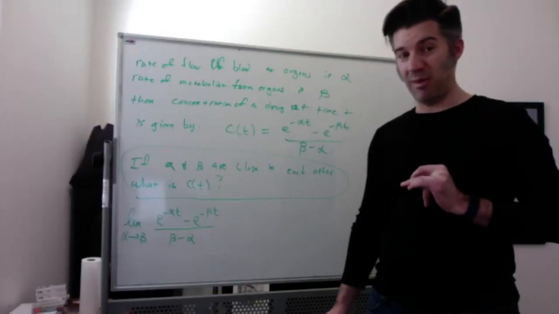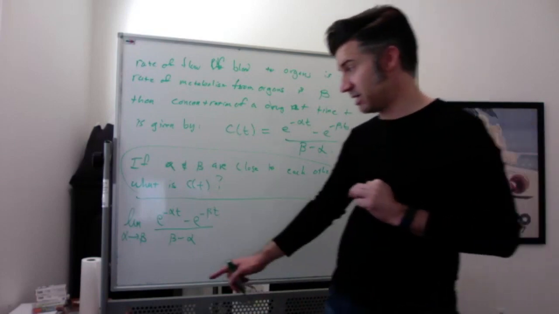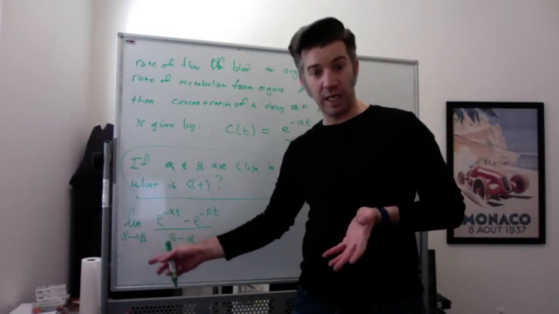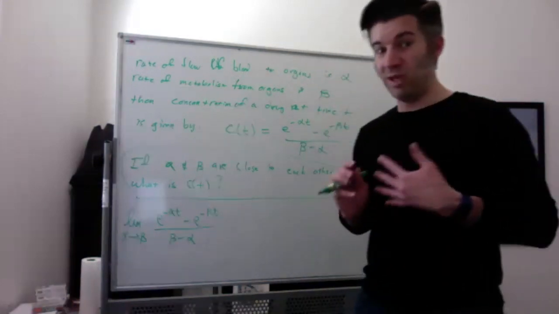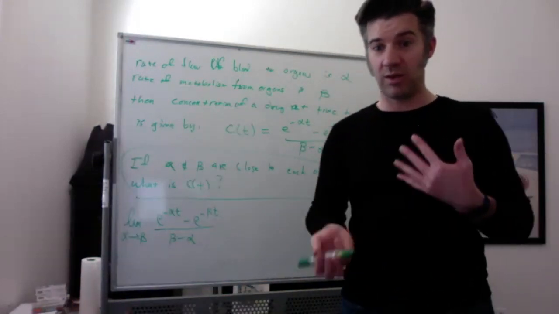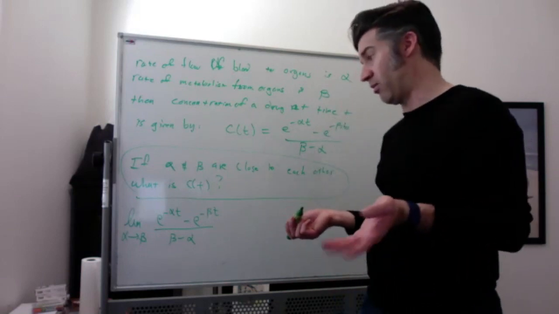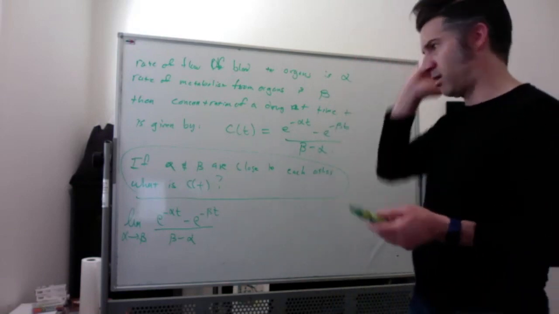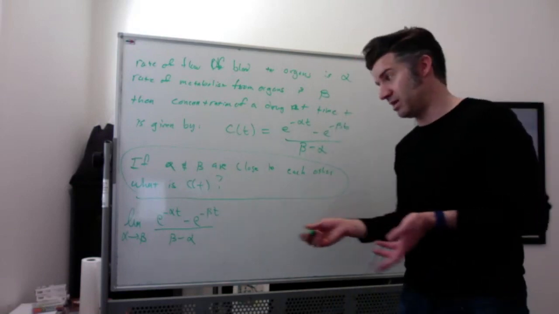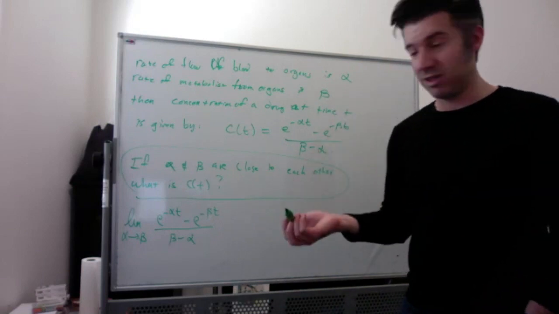Alpha is actually the variable, because I'm talking about how alpha is changing. Alpha is approaching beta. So it's really important to read the questions very carefully so that we can decide what we are really thinking of as the variable and what's the constant. Most of the time, you're like, oh, t is the variable. In this case, it's actually alpha. And everything else, beta and t, are constants.